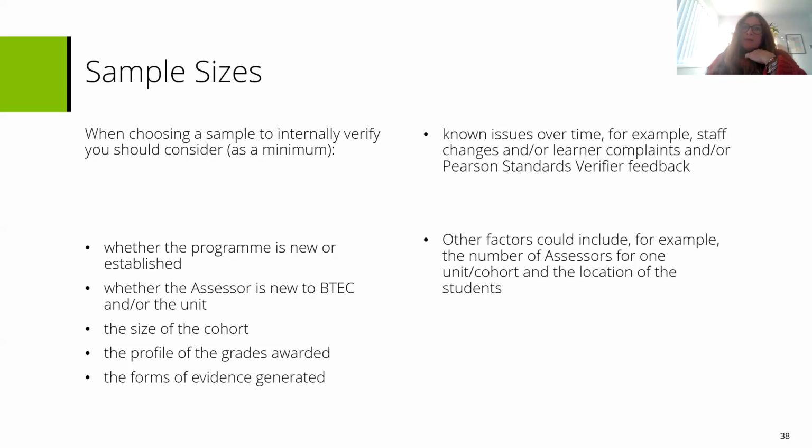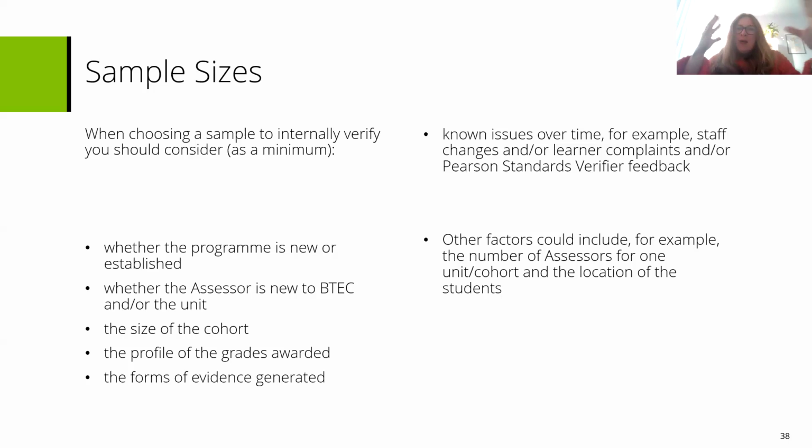Try and pick pass, merit and distinctions to internally verify, and indeed resubmissions as well. That's not always possible because students in a cohort might all be getting a pass, or all be getting a merit, or all be getting a distinction. So try and internally verify a selection of grades.